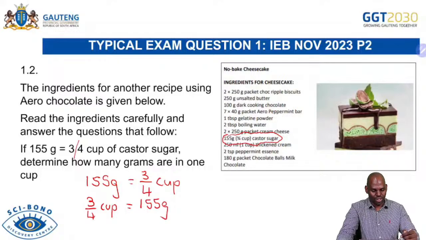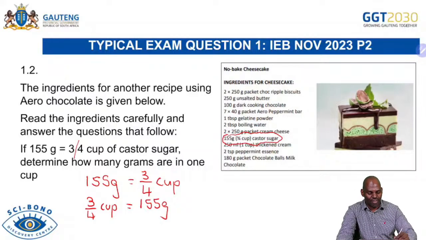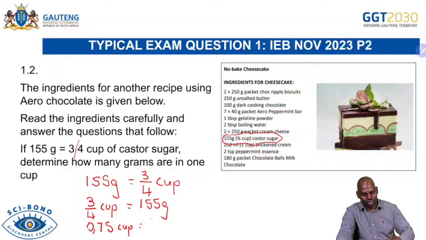Now the question is, how many grams are in 1 cup? So we want to know the number of grams for 1 cup. This is the same as if we say 3/4. 3 divided by 4 will give you 0.75. So this is the same as 0.75 cup. It's equal to 155 grams.